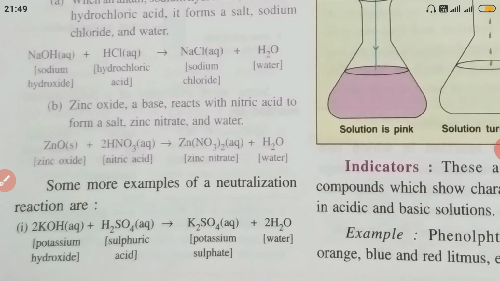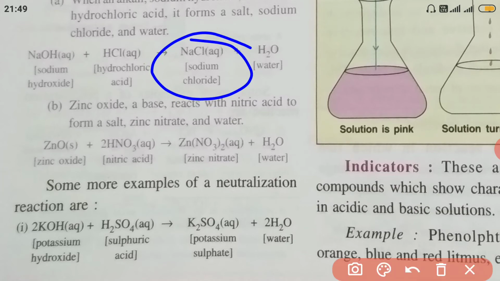Zinc oxide is a base which reacts with nitric acid to give zinc nitrate, which is also a salt. There is the salt which you use in your kitchen and eat, which is sodium chloride, but these salts are quite different. Some might be poisonous, some might not, but they are termed as salt because the definition of salt is a compound formed between a metal and a non-metal, other than hydroxide and oxygen.